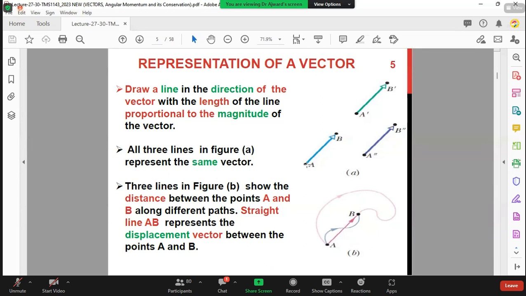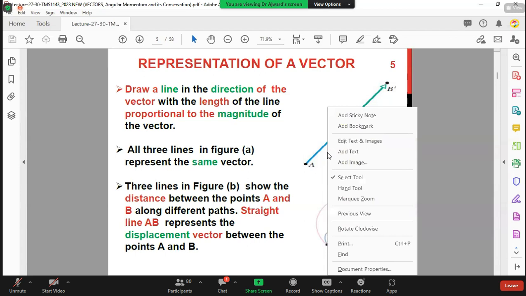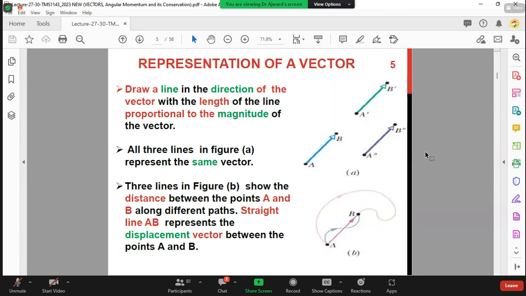So this vector you see here, do you see my mouse pointer? Okay, I think you can see it, no? Yeah, the pointer. Yeah, anyhow.